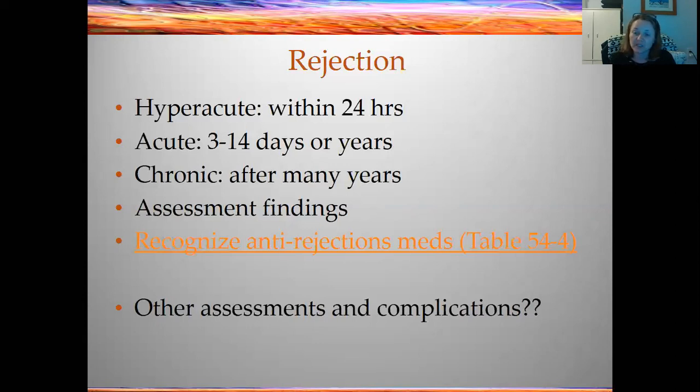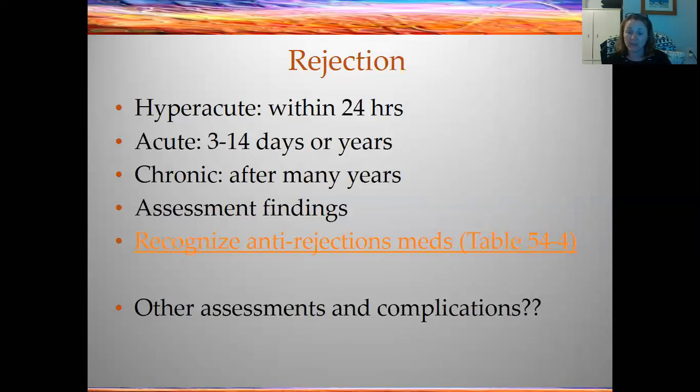The patient's going to experience tenderness at the transplant site, and you're going to see an elevation in serum creatinine levels, fever, and low urine output. If you catch this early, they'll increase the immunosuppressant therapy, and hopefully they'll be able to hold on to that kidney.